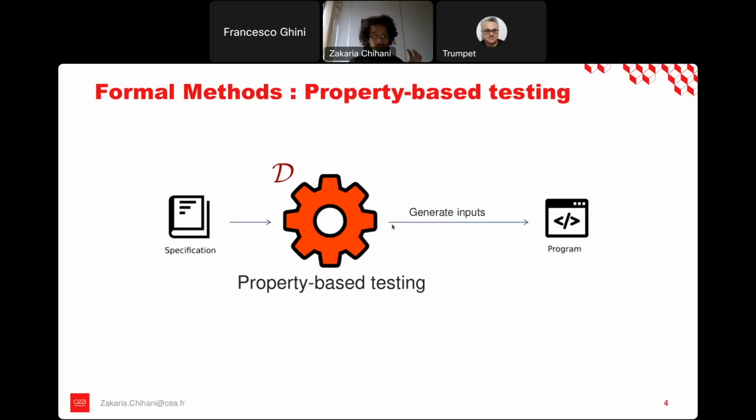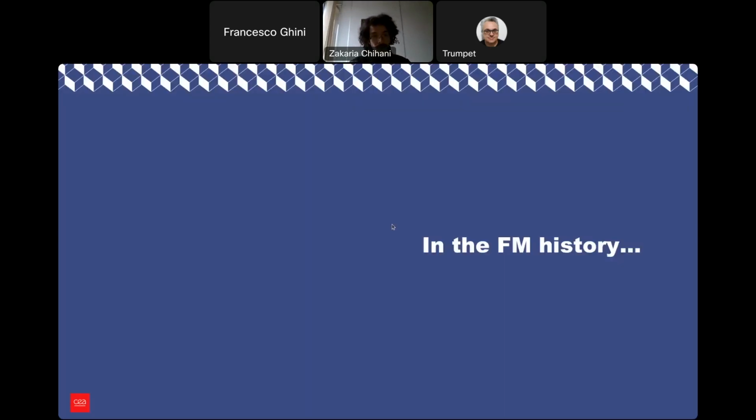In this case, you have a specification for a certain object you want to verify, and based on this specification, you're going to generate, most often automatically, testing inputs, and then you can check how your software behaves on this set of inputs. So these are the two main types of formal methods usage we're going to see in this talk.